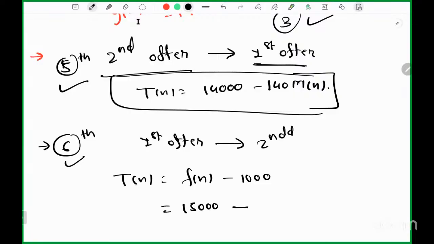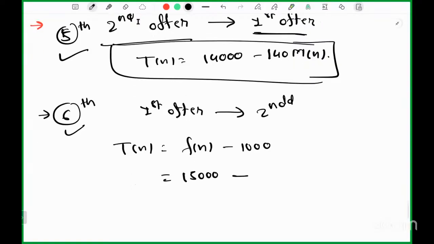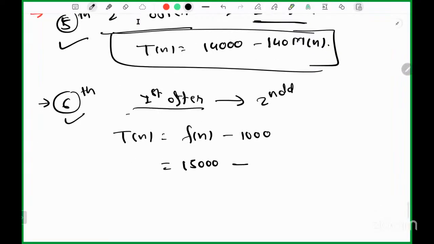Fifth option says the first offer is applied after the second. Option number 6 says you first apply the first offer and then the second offer.